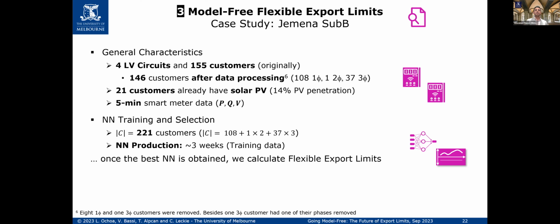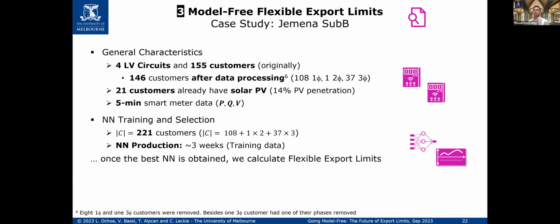In general terms, this is a low voltage network with 4 low voltage circuits, which originally has more than 150 customers. The first step that we do is the data processing that Nando was explaining. After this process, we remove some customers that do not present normal demand behavior, and we end up with a total of 146 customers.